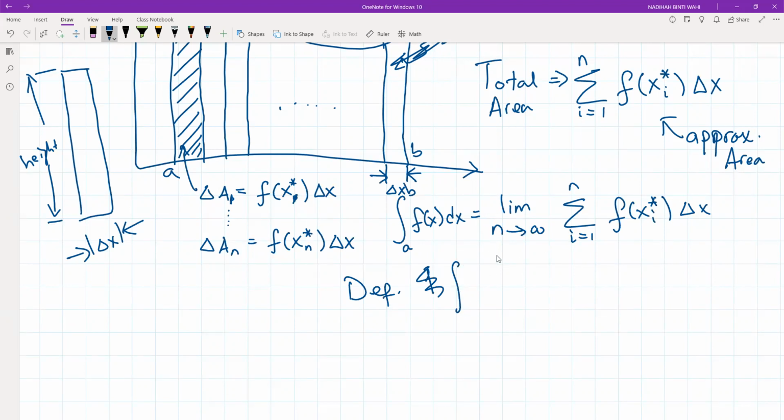So definition untuk satu integral dia akan bagi apa dia? Area. So one variable, integration of one variable dia akan bagi area. Integration, double integration agak-agak dapat apa? Dia akan dapat volume.